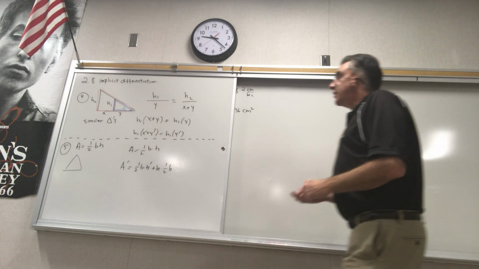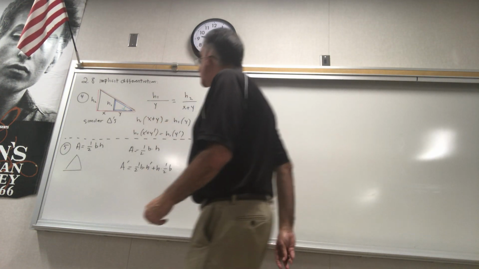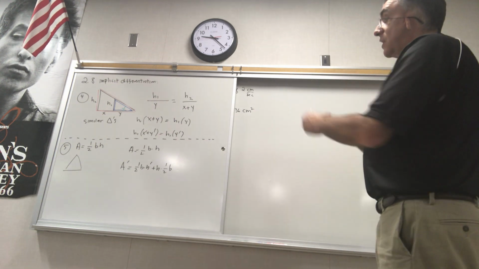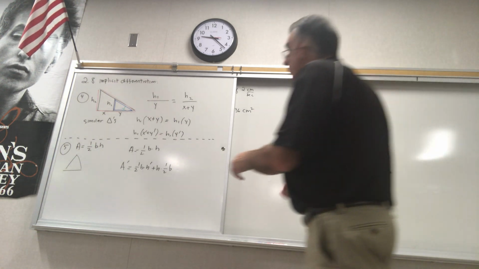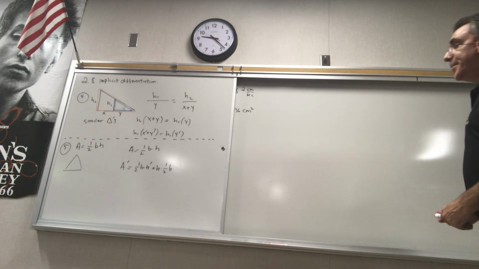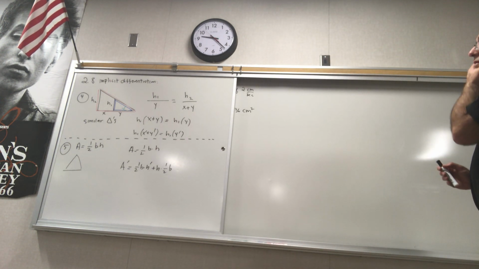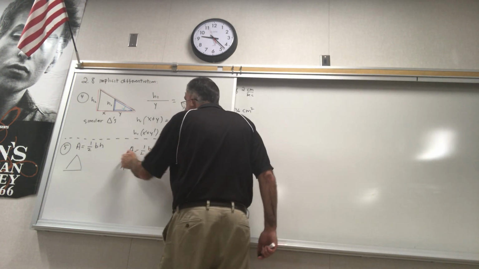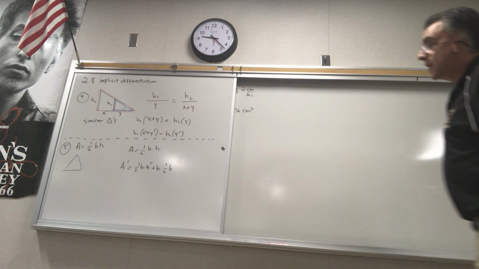So this one, because there's no real formula, it's just similar triangles, it will not be as ugly looking when we actually do it because there'll be numbers here. The number 5, the derivative is a little more complicated because you're doing a product rule on that.